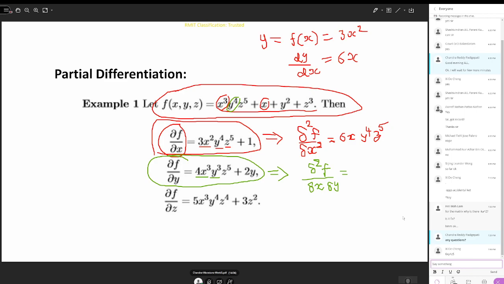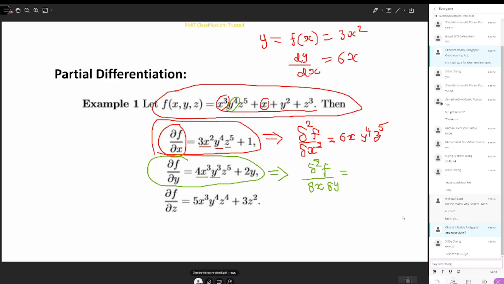Anyone? Okay. Someone giving me? Yeah. So this 4x³ becomes 12x².